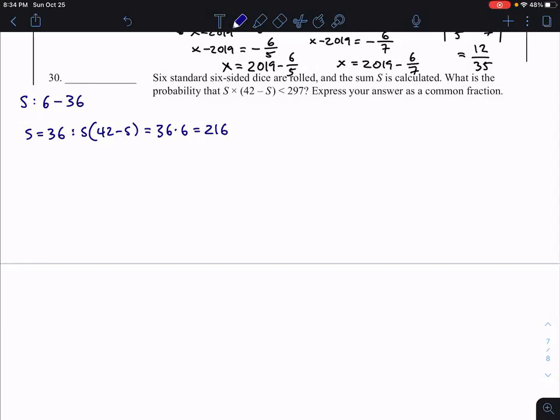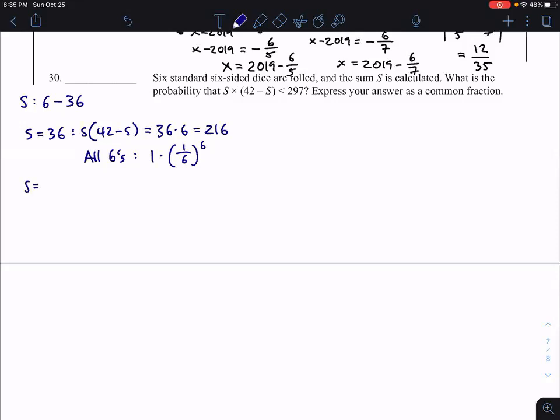And the only way you can roll a sum of 36 is when all of your dice are equal to 6. So the probability of doing that is, well, there's only one way of doing this. So 1 times the probability of actually rolling a 6. So you have 6 dice, you have 1/6 chance of rolling a 6.